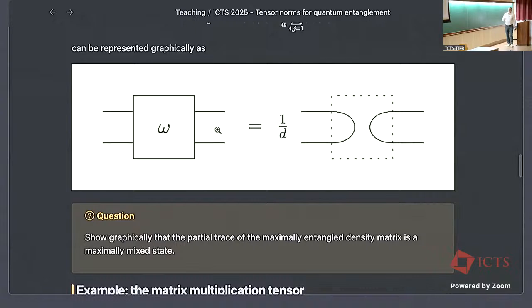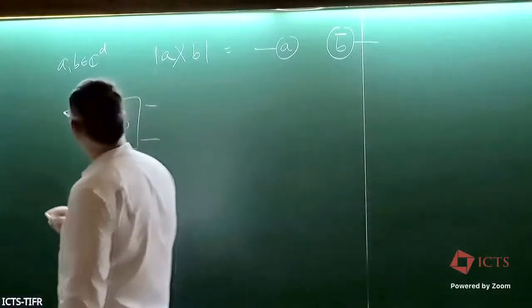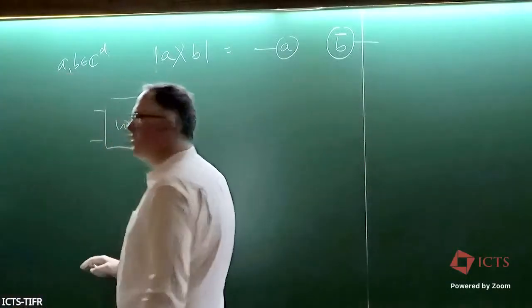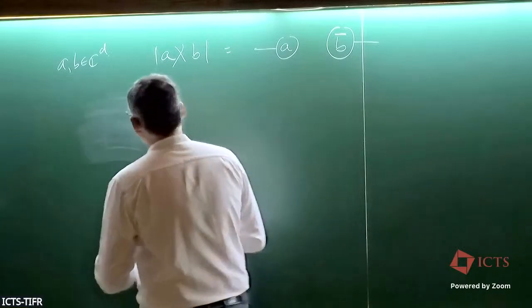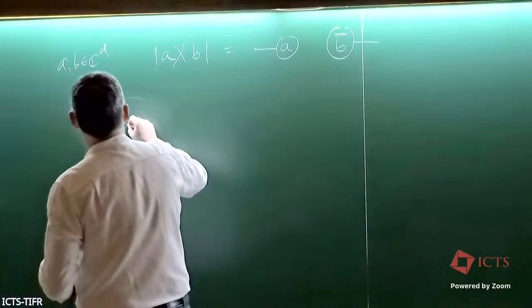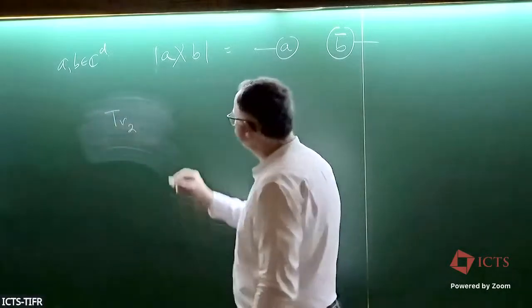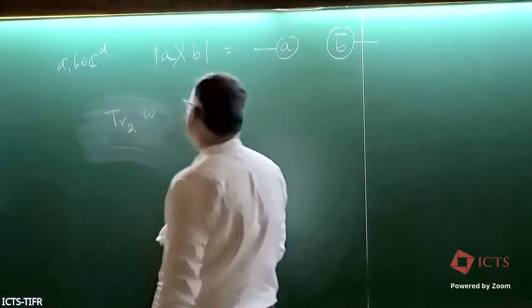So let's do something with this graphical notation. Let's compute the partial trace of this omega. Okay, so let me compute the trace over the second Hilbert space of this omega, the partial trace over this one.